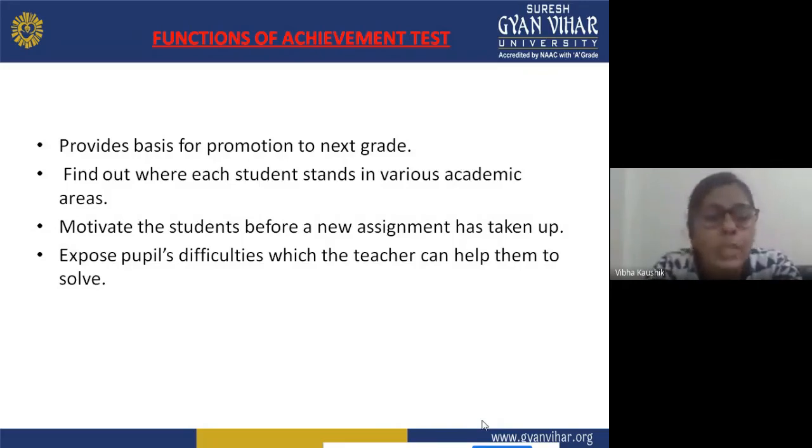Exposing pupil difficulties means we will be able to know the difficulties of the learners, which the teacher can help them solve. After identifying those difficulties, the teacher will help them solve them, and it will increase their achievement and their outcome.